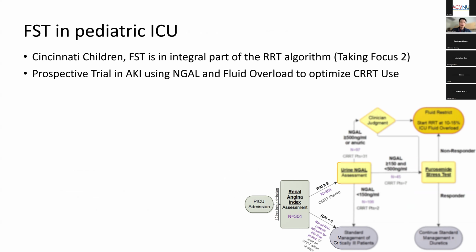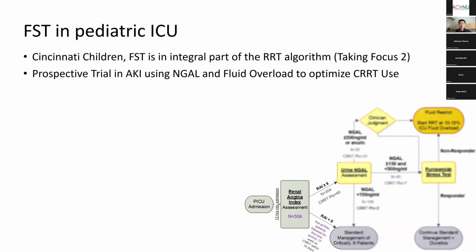So we don't have much data in dogs and cats, but it looks like this test holds its value in the AKI ICU renal replacement setting, and it works great in predicting the progression and the need for dialysis in humans.